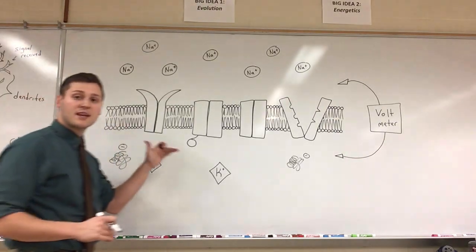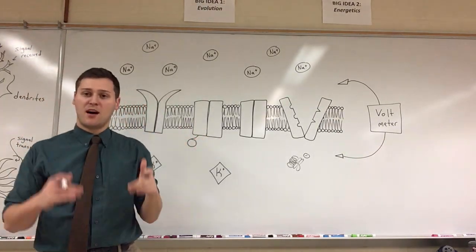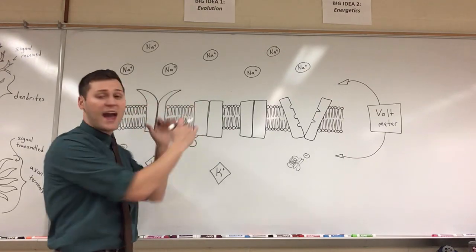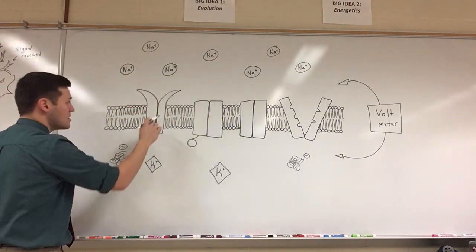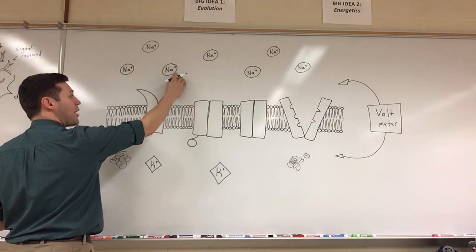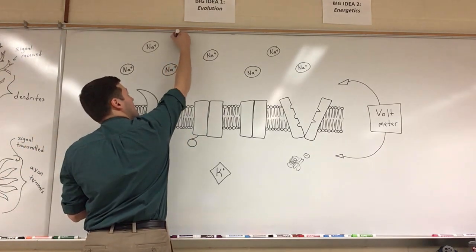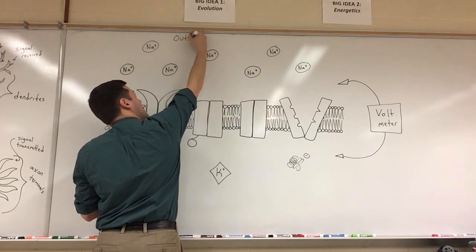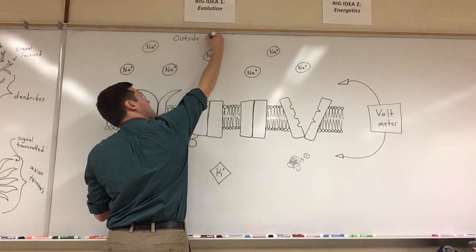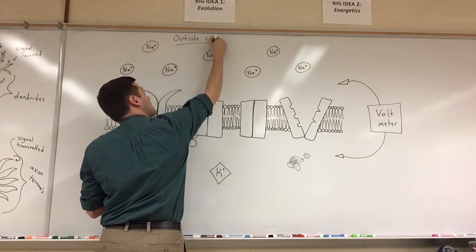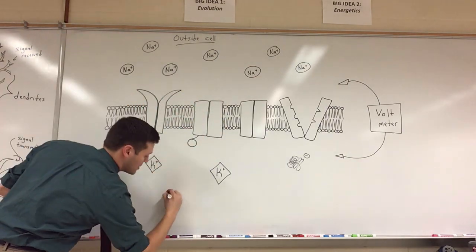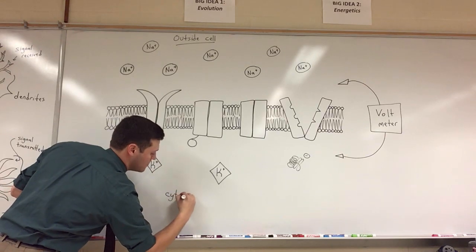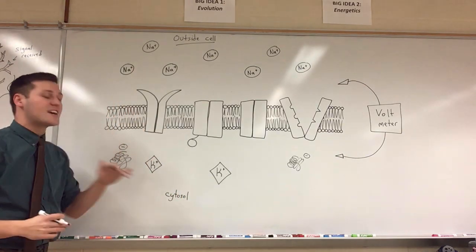So we are now looking at the membrane, which is part of the axon. So we're looking at a zoomed in version of the axon. So out here, this is outside of the axon, so I'll put outside of cell. And in here, this is the cytosol, which is inside of the cell.